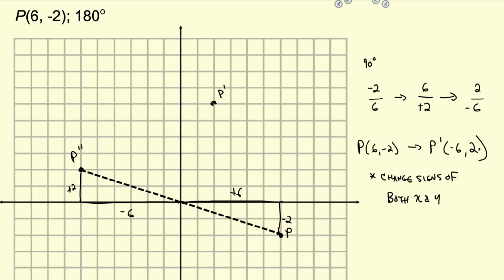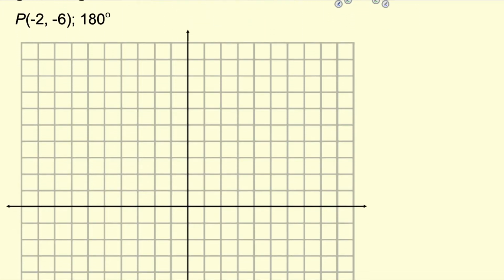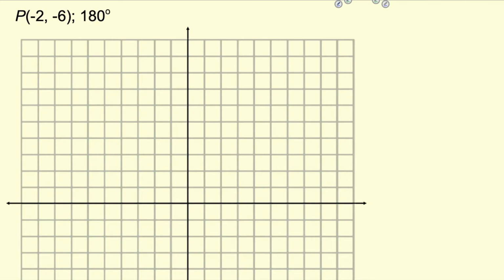So we're changing the signs of both the x and the y values here. So if we do 180 one more time, we can see that the 180 should just change the signs of both of these values. So -2, -6 should go to 2, 6.